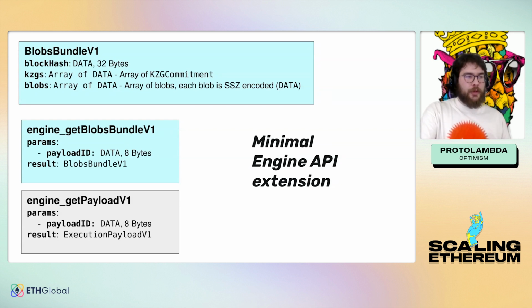We're adding this blobs bundle so that everything that comes with the transactions can be paid for by the transactions, but it's then bundled together and separated from the regular execution payload. And so the consensus layer can retrieve the execution payload to embed in the beacon block and can retrieve the bundle of blobs, the sidecar, to then distribute to other beacon nodes for the period that the data needs to be available.